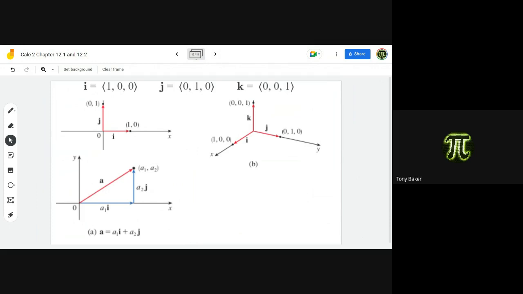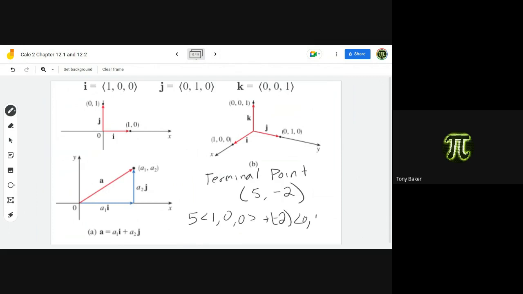So, for example, let's do a nice little example here. Let's say my terminal point is 5, -2. I can take that and say 5 times 1, 0, 0 plus -2 times 0, 1, 0.